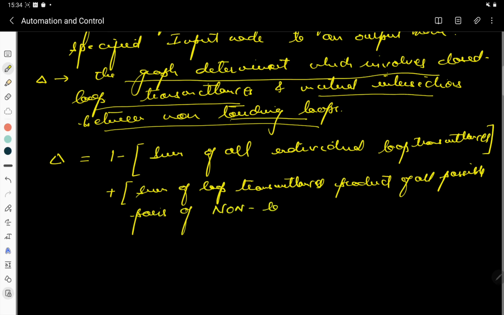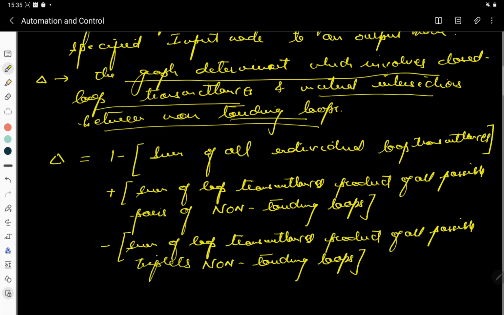Remember this, non-touching loops. Then minus the sum of the products of loop transmittances of all possible triplets of non-touching loops. Then further it continues like this, with sets of 4 and 5 loops, with alternating signs.